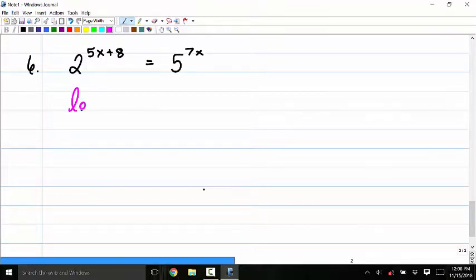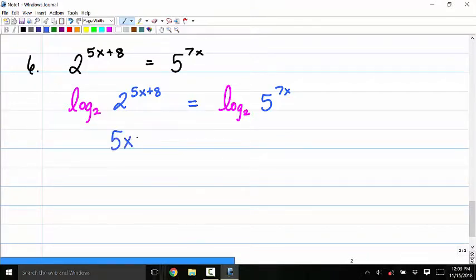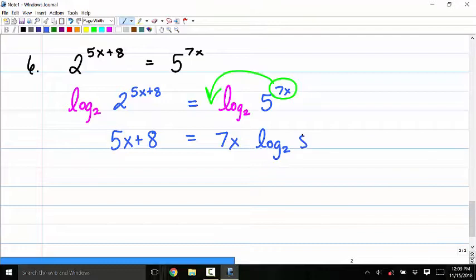I'm going to do log base 2 of 2 to the 5x plus 8 equals log base 2 of 5 to the 7x. Okay, when I do that, the left-hand side turns into just 5x plus 8. On the right-hand side, the exponent sprouts legs, and you get 7x times log base 2 of 5.